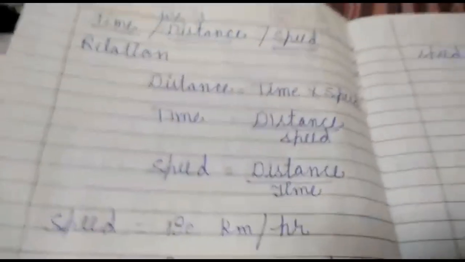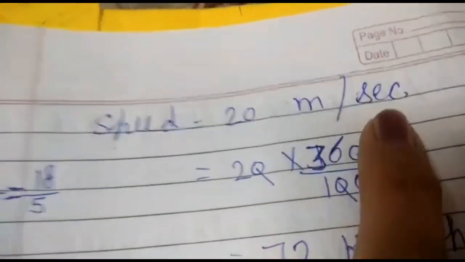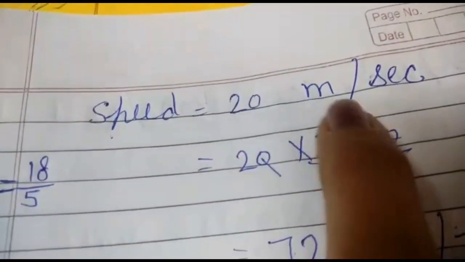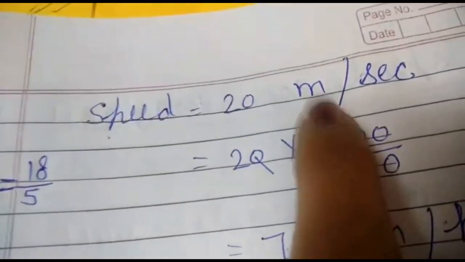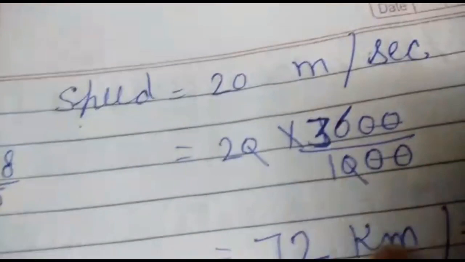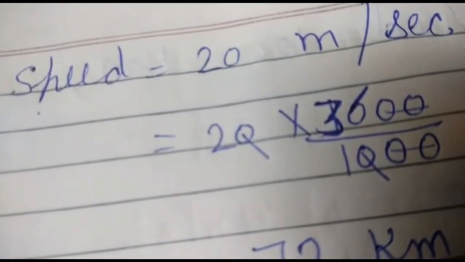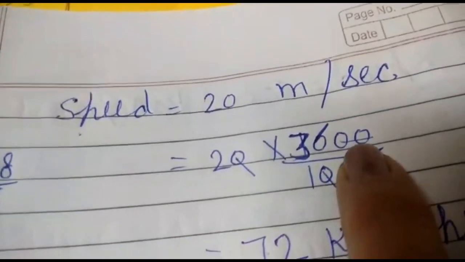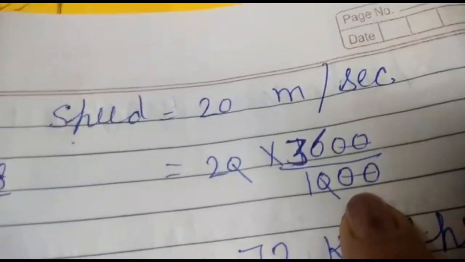And in the opposite of this, if speed is given in meter per second and you want to change it into kilometer per hour, what will you do here? As we know that 1000 meter is equal to 1 kilometer and 1 hour is equal to 3600 seconds. Now we will multiply by 3600 and divide by 1000 because now it is opposite.